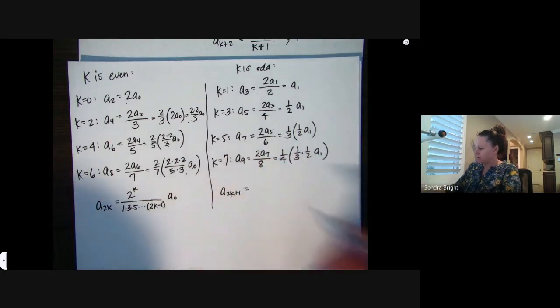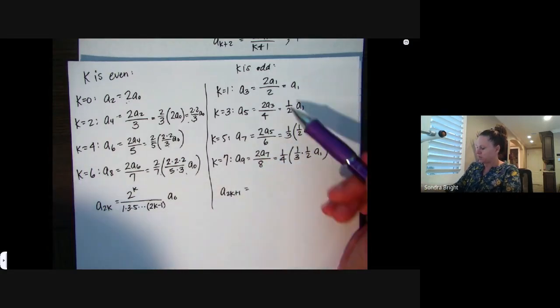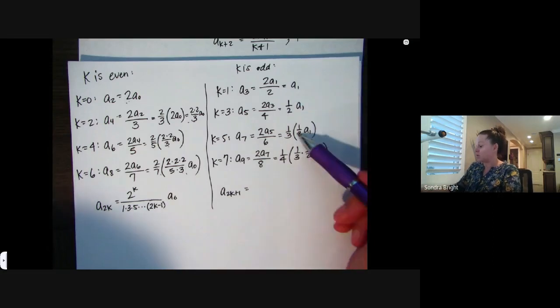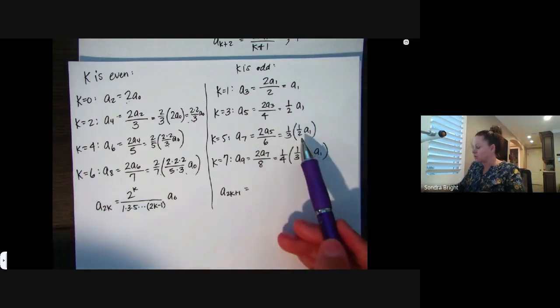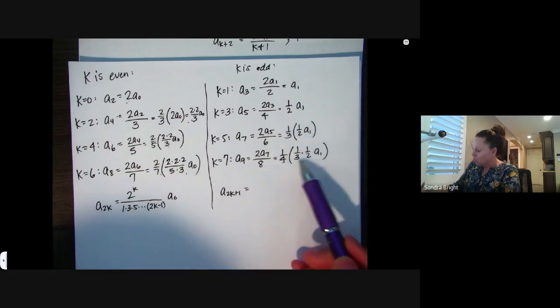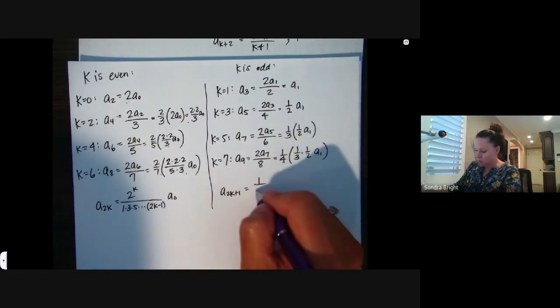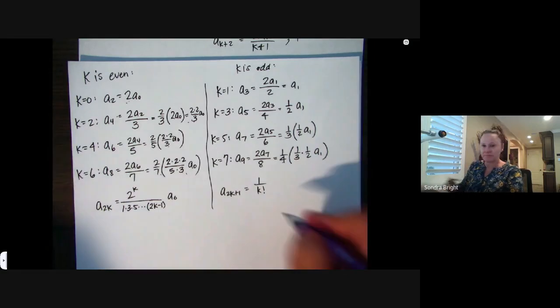Over here, the odds is a 1 over 2, a 1 over 6, or how about a 1 over 2 times 1, a 1 over 3 times 2 times 1, a 1 over 4 times 3 times 2 times 1. So it's a 1 over K factorial times A1. Yeah?